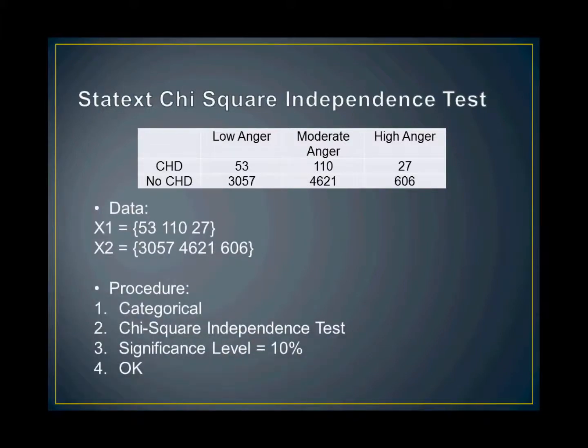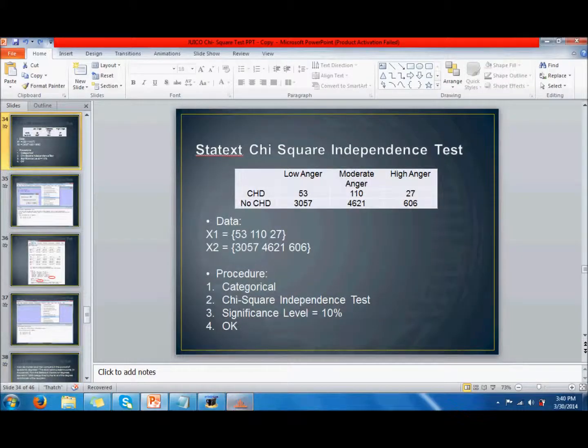So here's the data. We just copy it based on how it appeared on the table, and then all we need to do is choose the test that we want to use and declare the level of significance. So let's do that.